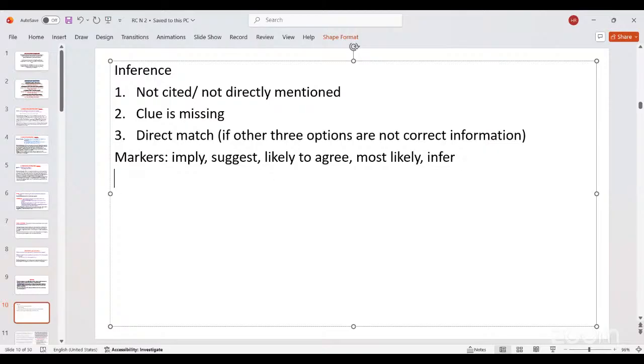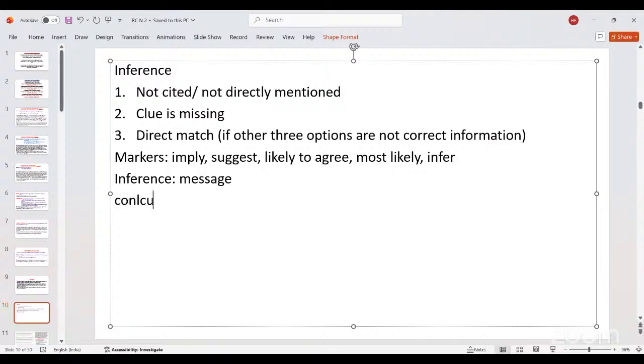What is the meaning of inference? From the literal point of view, inference means message. But because it is a message, in some cases you have to derive, and in some cases you have to pick.